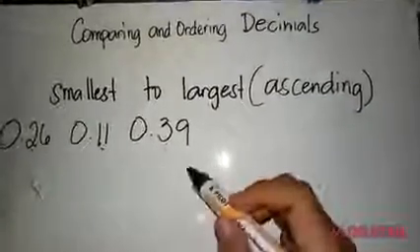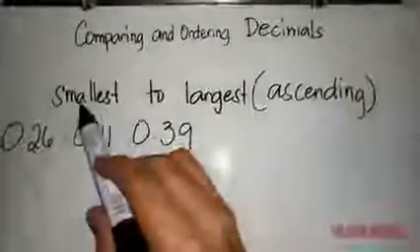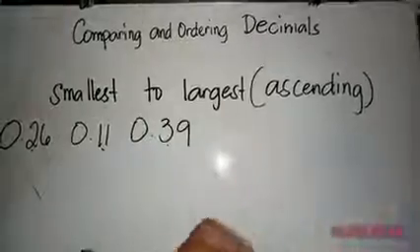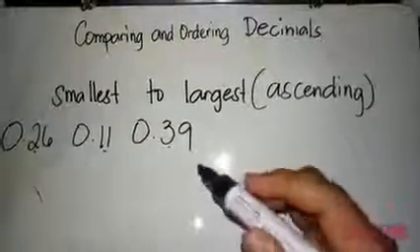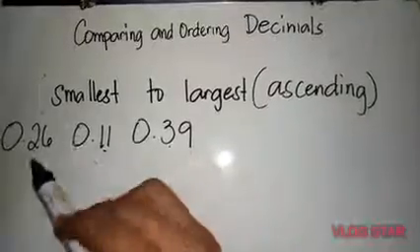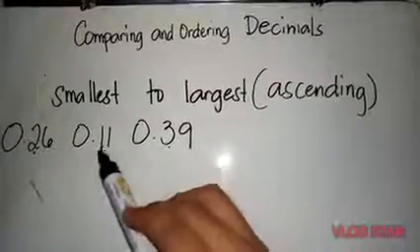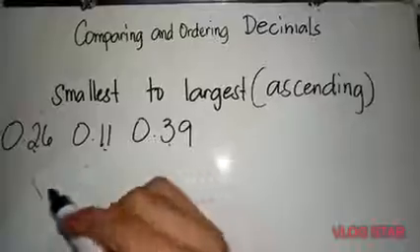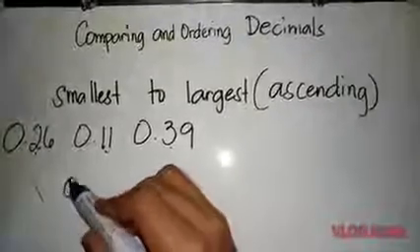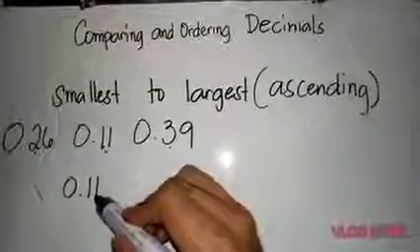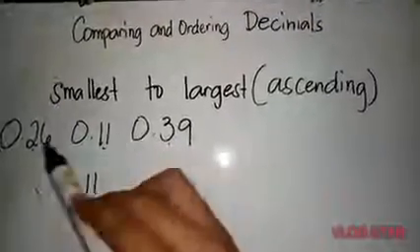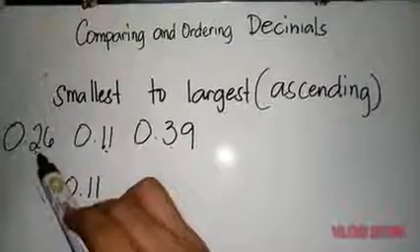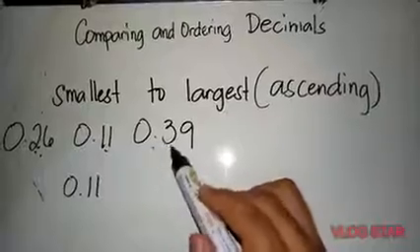Since this is smallest to largest, we will start listing from the smallest decimal. The smallest is 0.11, so that would be the first in the list. We still have 2 remaining decimals, 0.26 and 0.39.